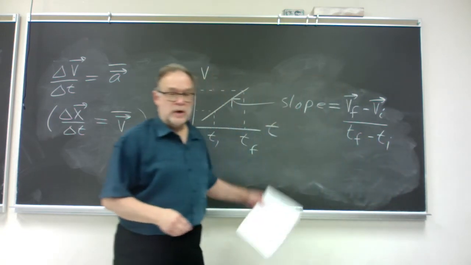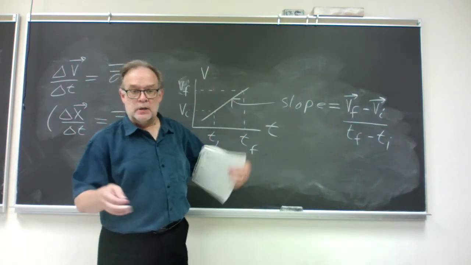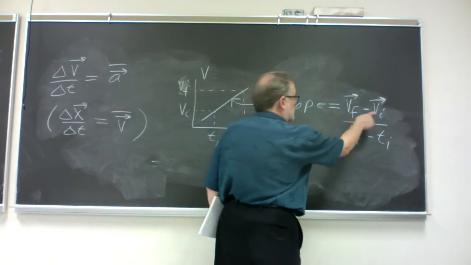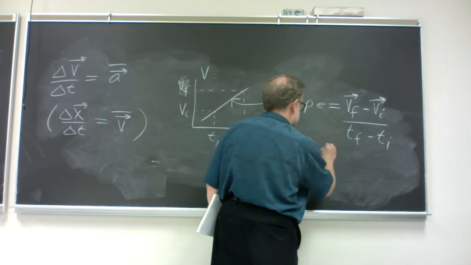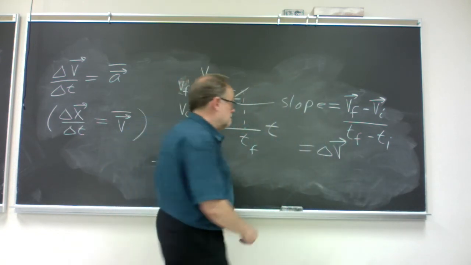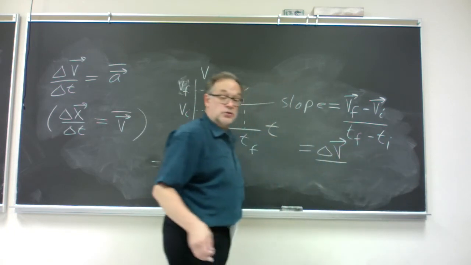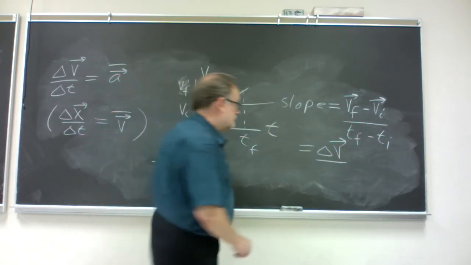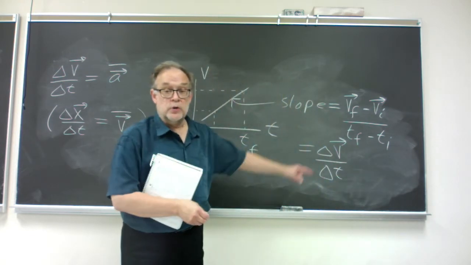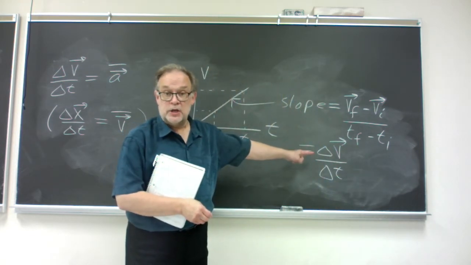And of course, we can write that quotient in a simpler way. Final minus initial velocity is just what we call change in velocity. Final minus initial time is just what we call the length of time during which we had this much velocity change.